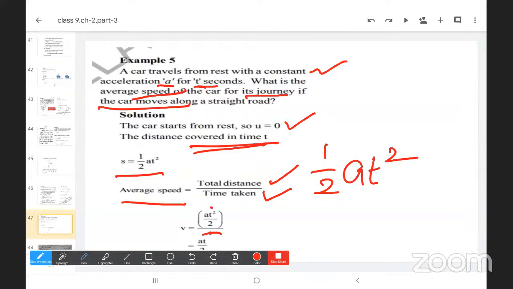Here t gets cancelled, and the remaining is AT by 2. So the average speed of the car for its journey along a straight road is AT by 2.